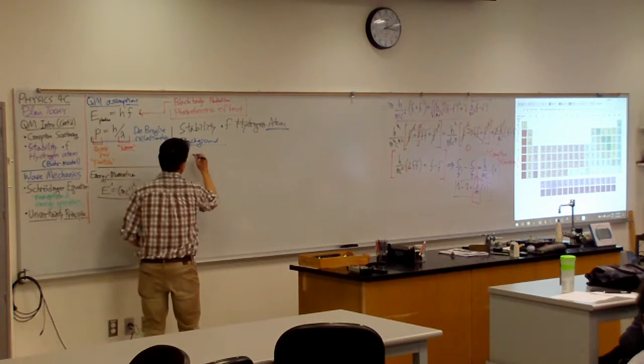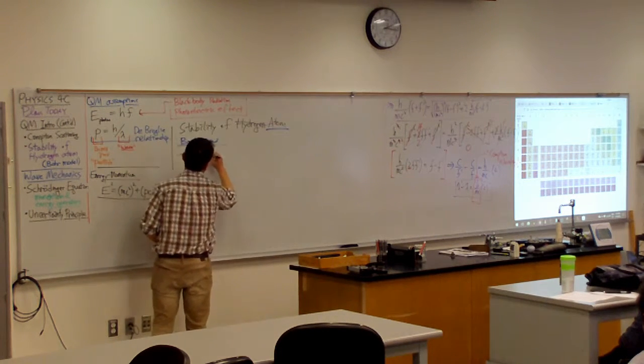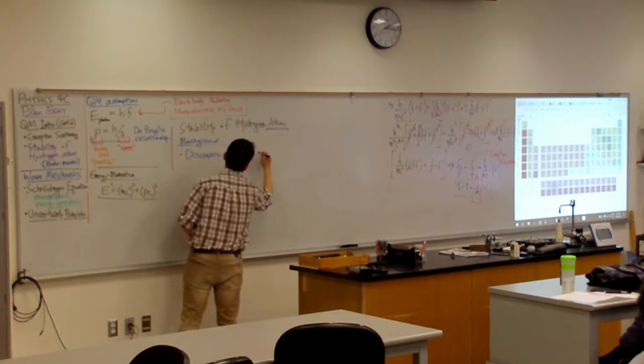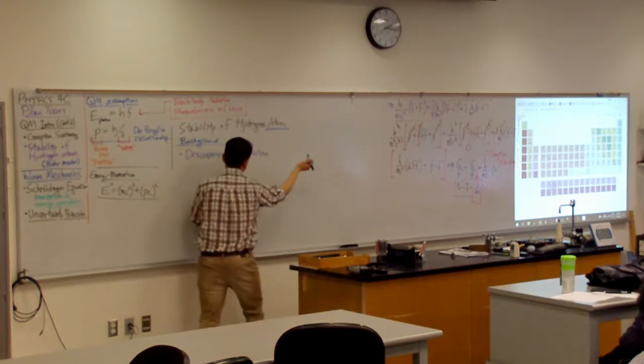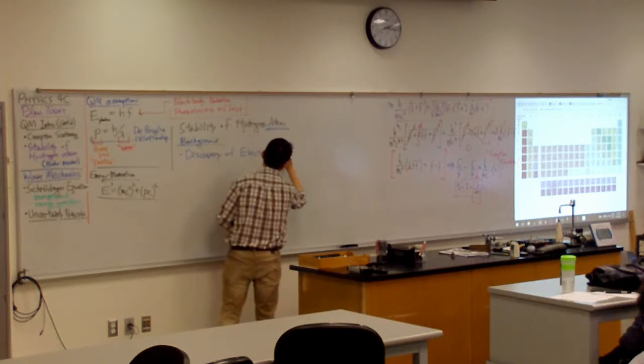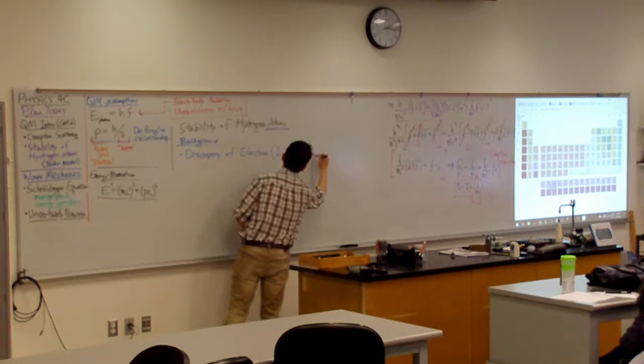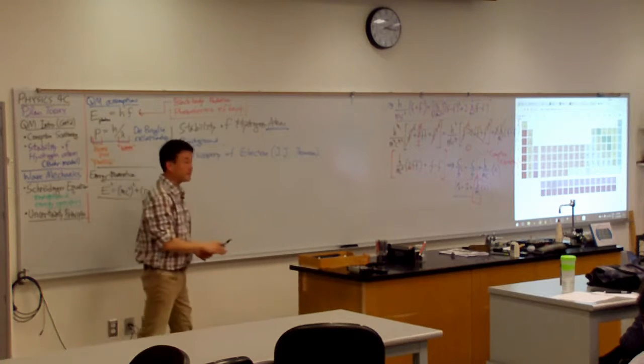So, the discovery of the electron was by, I'm pretty sure, J.J. Thomson, although don't quote me on that because, once again, physicists are terrible historians.